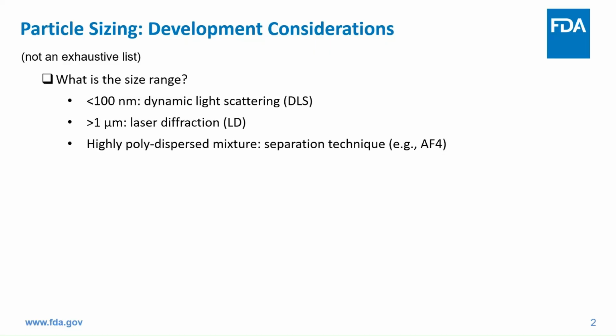So the first thing, of course, whenever you are looking at a technique, is to determine whether it is appropriate for the size range of the particles that we're analyzing. Is the technique suitable for analyzing the particles in that size range? And there are some clear separations or ranges.